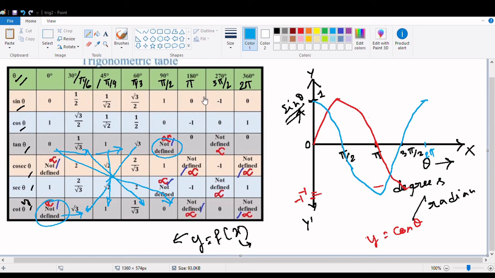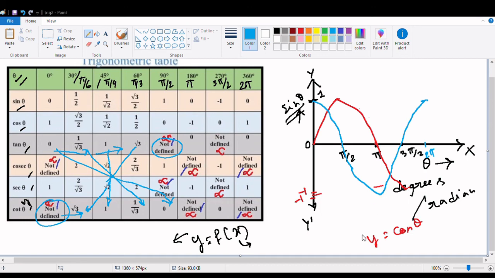In a similar way, we will have the plot of y equals sec x. So sec 0 means what? Sec 0 is 1. Then sec at 90 degrees becomes infinity. Again, at pi, the value of sec is minus 1.